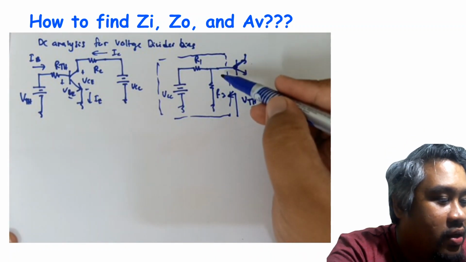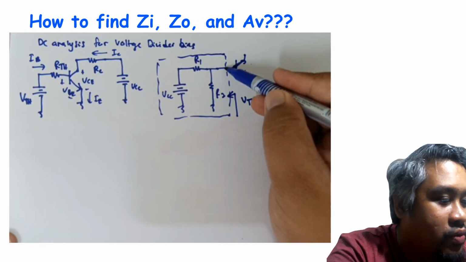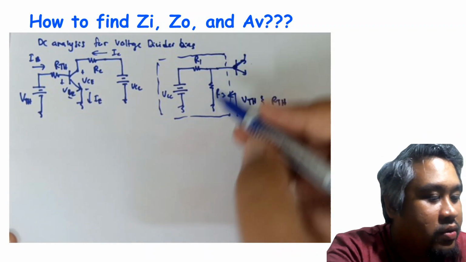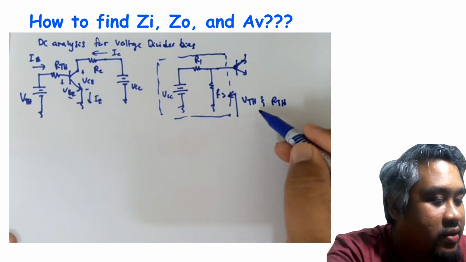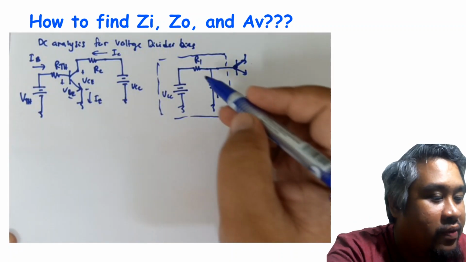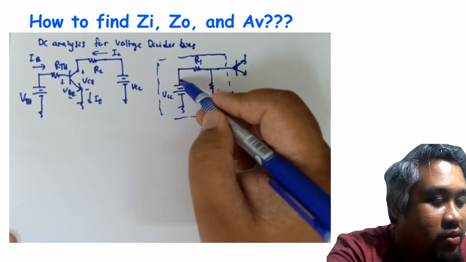Okay, we call back. So VTH, how to find VTH? Based on this one, we can use the voltage divider rule. And then for RTH, we have to replace the VCC with a short circuit.